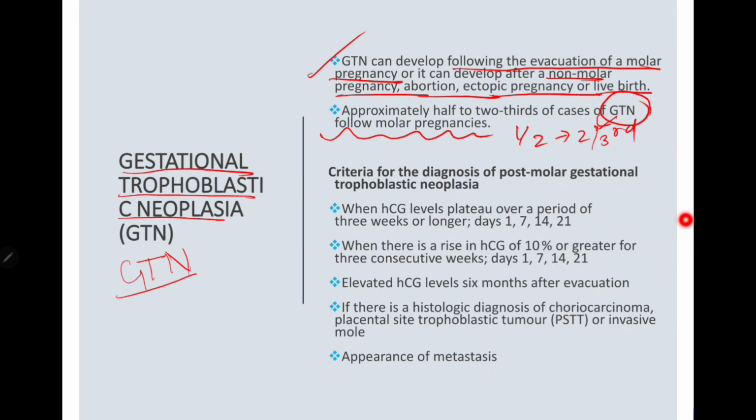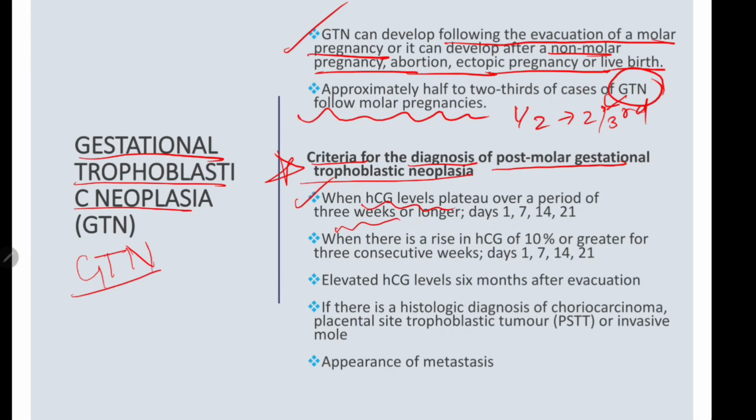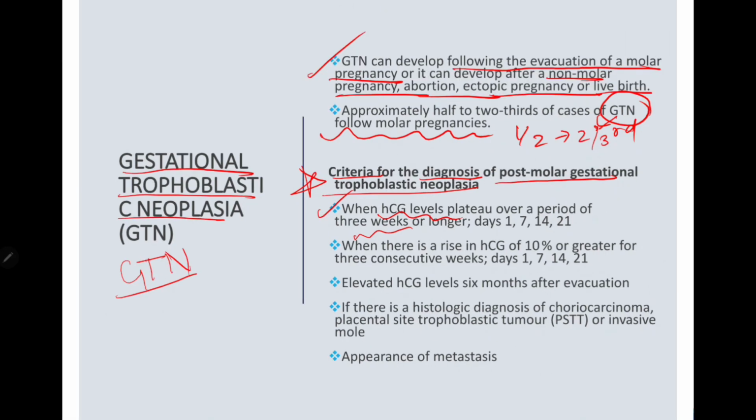Now let's look at the criteria for diagnosis of post-molar gestational trophoblastic neoplasia. First is when the HCG levels plateau over a period of 3 weeks or longer, like days 1, 7, 14, 21.